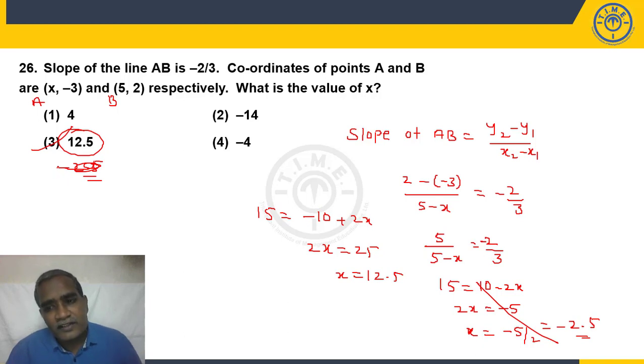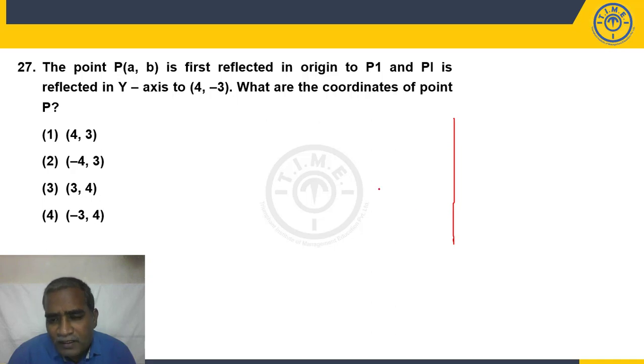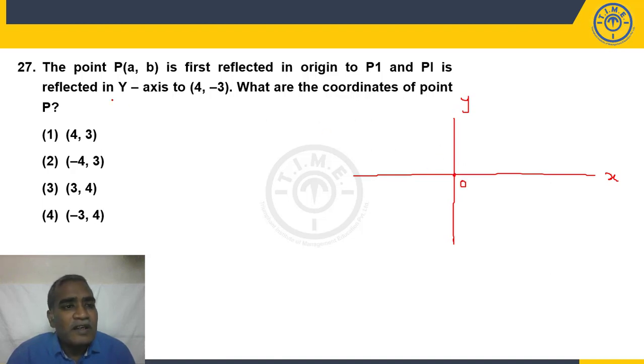Clear? Right. Next question. The point P, A comma B, is first reflected in the origin to P1, and P1 is reflected in the y-axis to 4 comma minus 3. What are the coordinates of the point P? Here you take P, A comma B, that lies in the first quadrant.